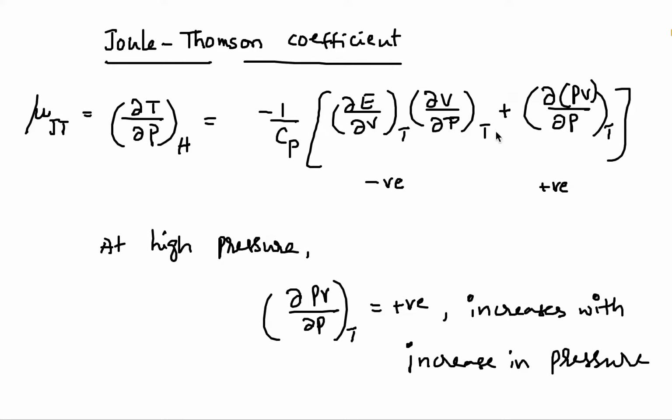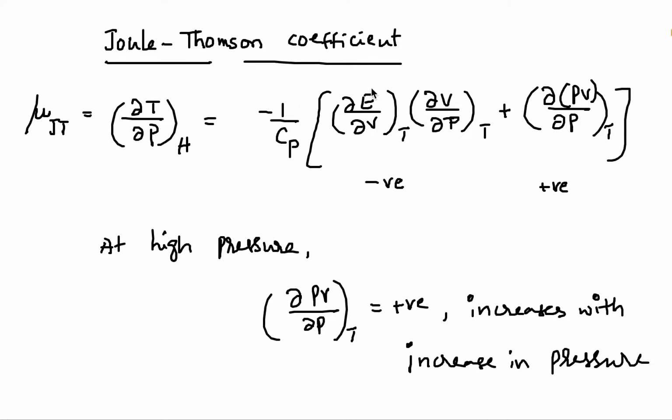And at one point, this value and this value become equal, one positive and one negative, and therefore the total becomes 0 at a particular temperature. After that, this value keeps on increasing. So with the increase in pressure, the Joule-Thomson coefficient keeps decreasing and finally becomes 0 when these two factors are equal.